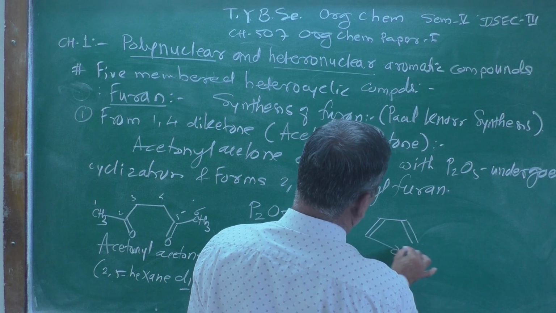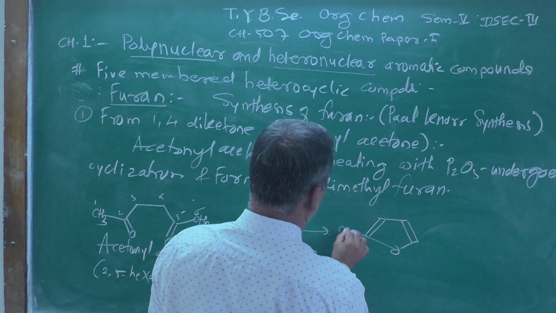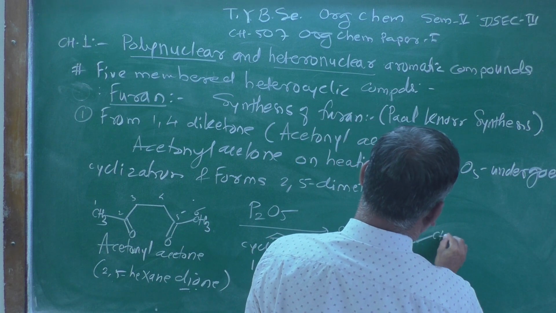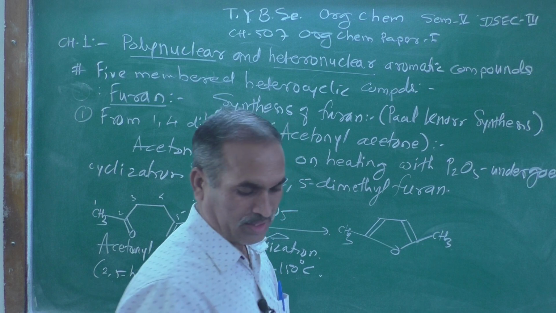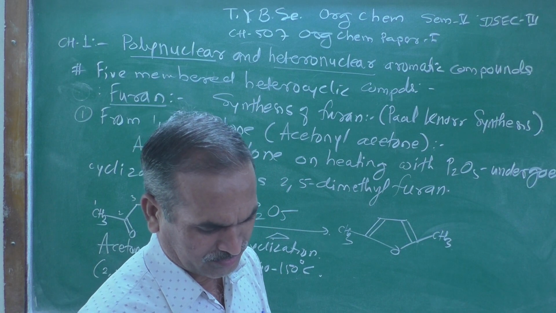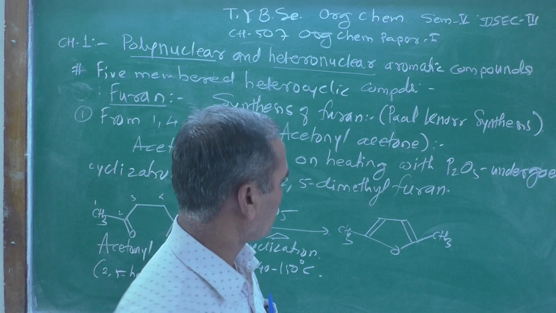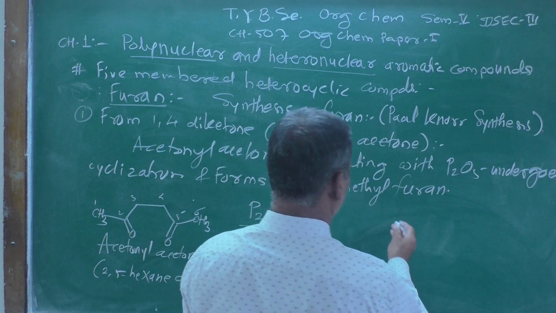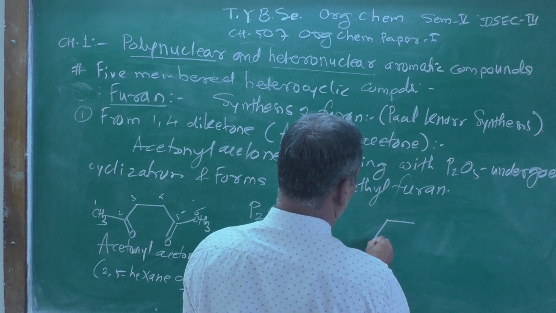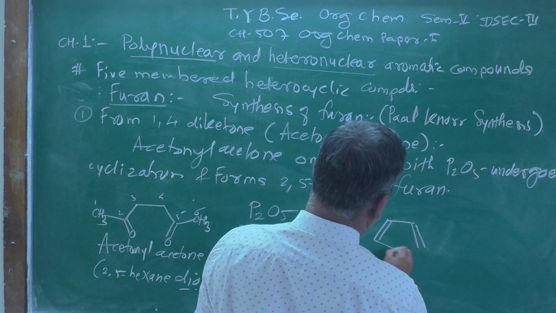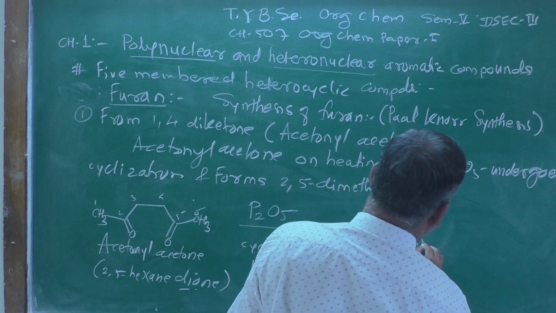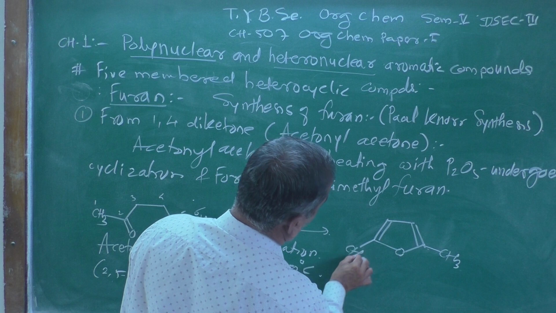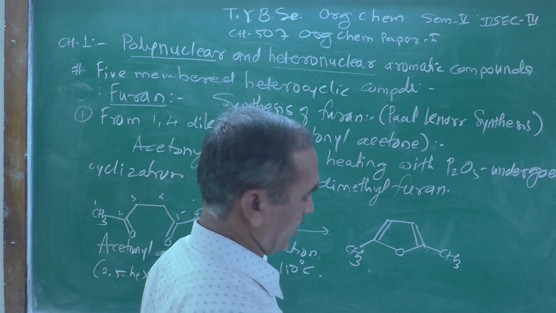You can see clearly here a methyl group and another methyl group present over here. This is the structure of furan, where one methyl group I am showing over here and another methyl group over here.